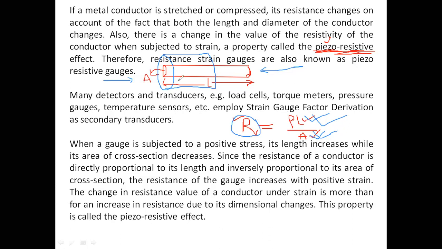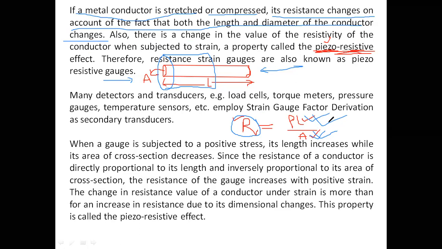Okay. So if a metal conductor is stretched or compressed, its resistance changes on account of the fact that both the length and diameter of the conductor change.